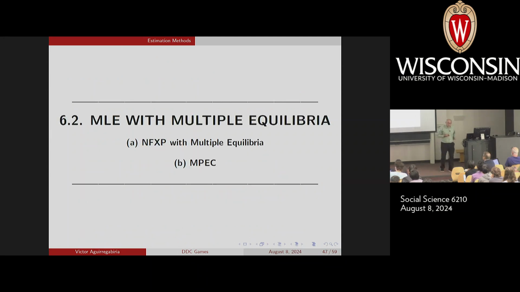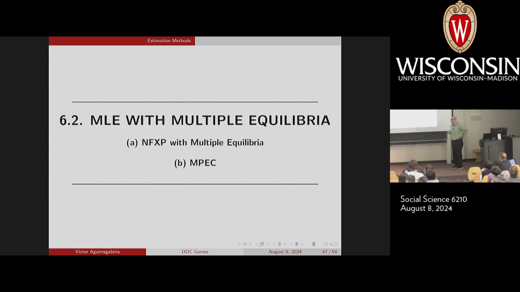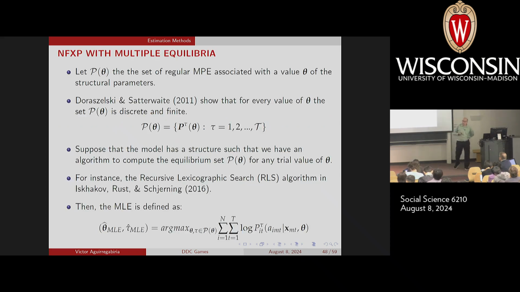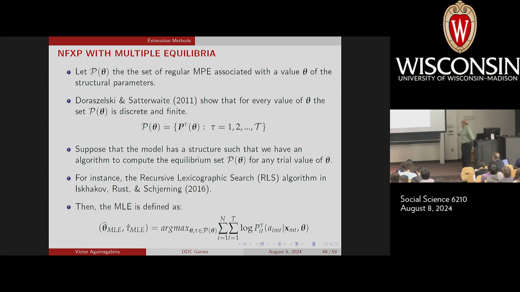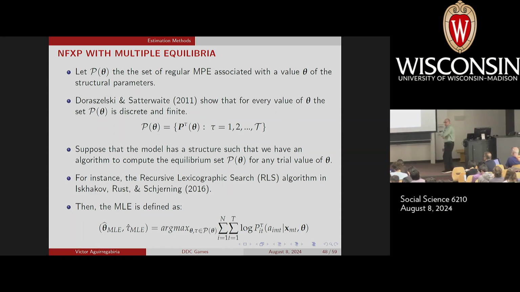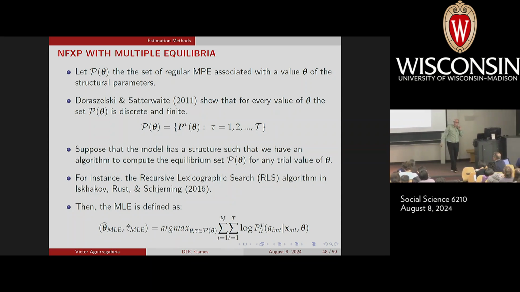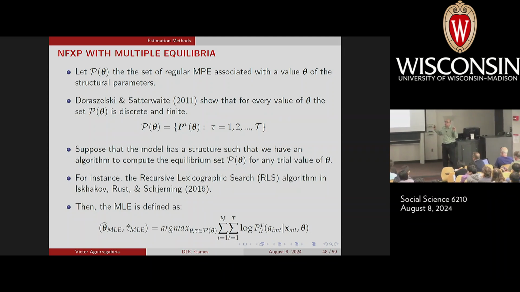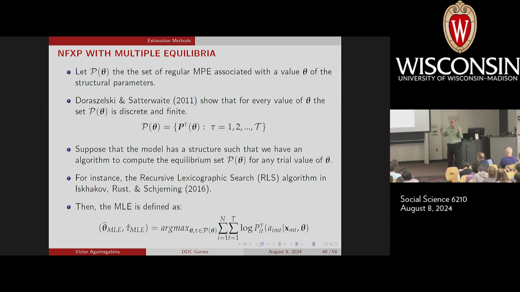Okay, what about multiple equilibria, okay? Now I'm going to talk about two different ways of implementing the maximum likelihood estimator, using the nested fixed point and using MPEC, okay? And using the nested fixed point, what is key to implement it in models with multiple equilibria is that we need a powerful algorithm that, for every trial value of the vector of structural parameters theta, can calculate all the equilibria of the model.